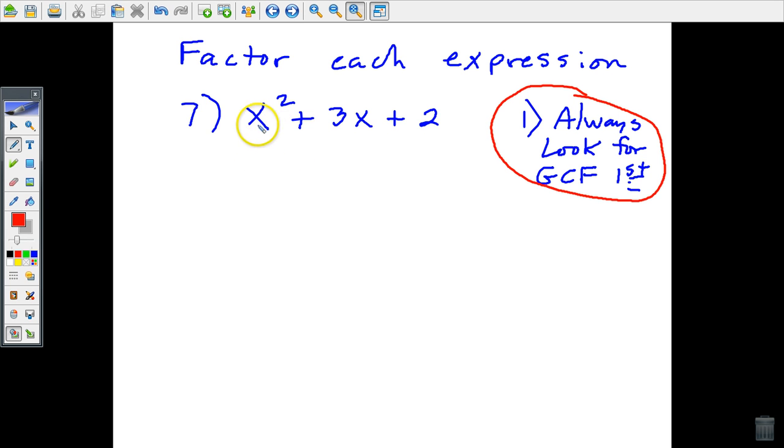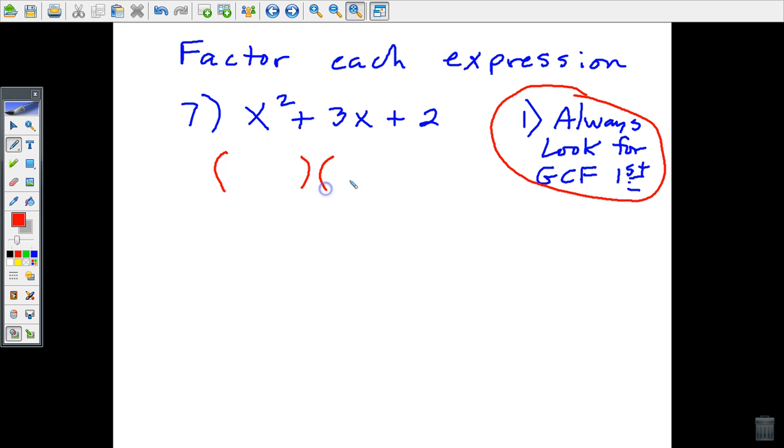Now for number 7, there is no GCF, and we don't consider 1 a greatest common factor because dividing by 1 doesn't change anything. It doesn't change the look of this. It just gives me this again. So I can't rewrite this expression using multiplication times 1. That's not rewriting it.